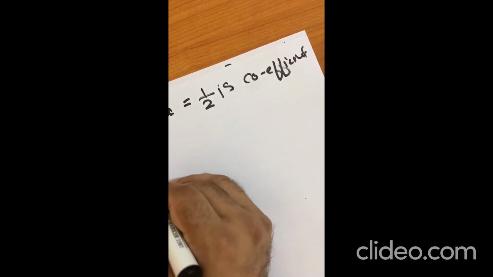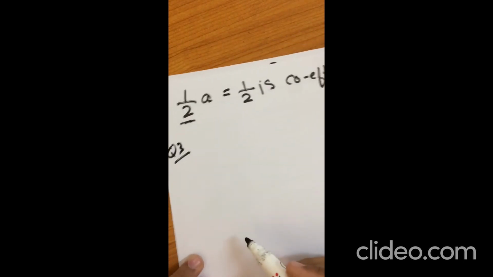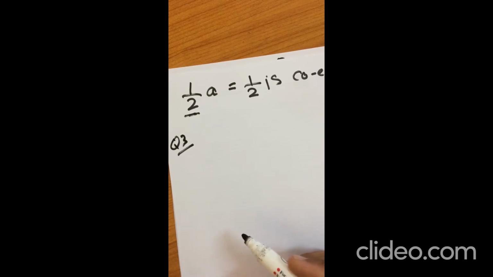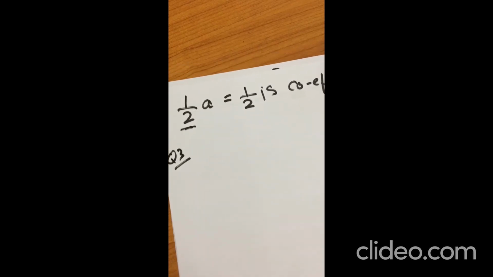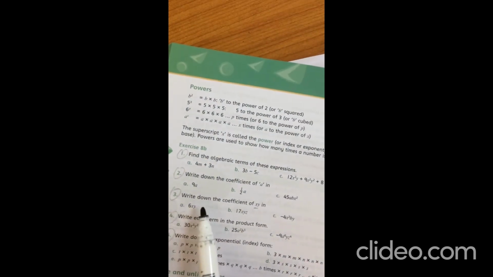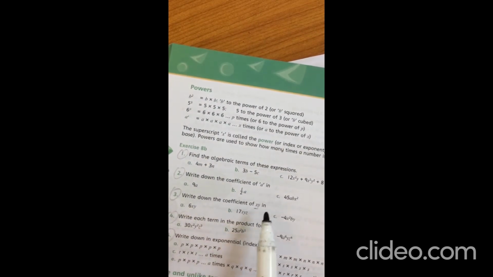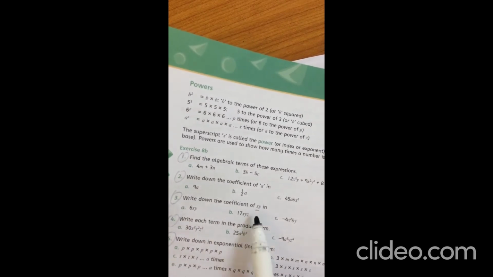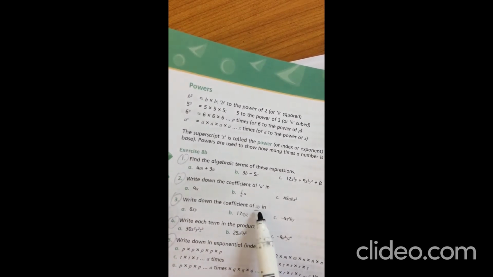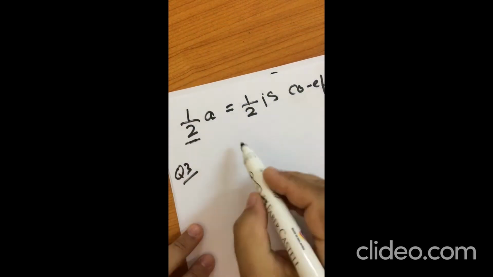Now, talk about question 3. Question 3 is a generalized form of the coefficient. In the question C, here is the interesting thing written. You can see, write down the coefficient of x, y in. So it is asking you x, y. Look here, it is specific. It means that x, y is the only variable.